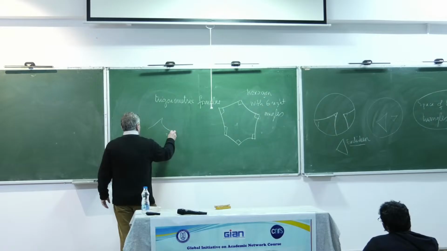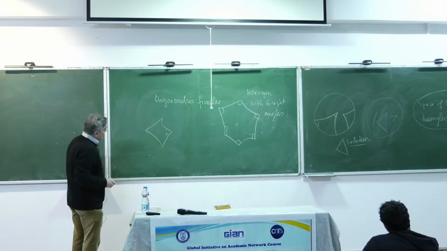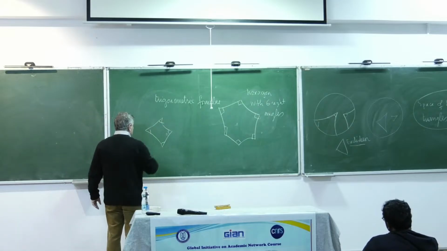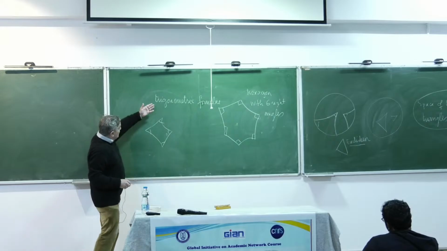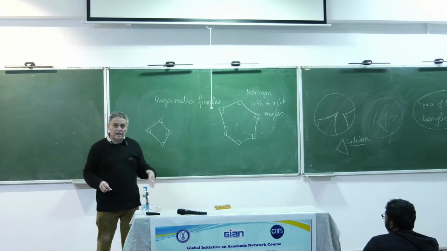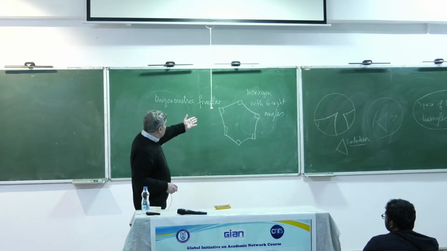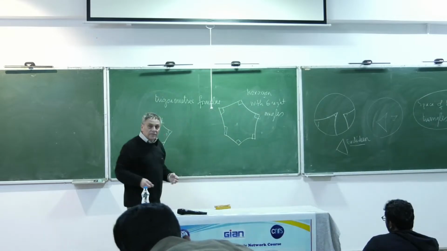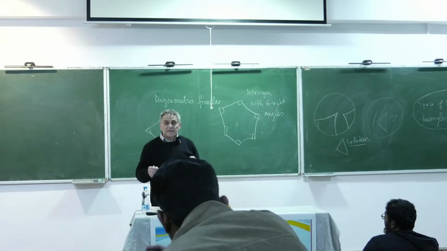So if I have any figure in the hyperbolic plane, you have angles and sides, and a trigonometric formula will give you relations between angles and sides, right? Like in triangles. But here, the hexagon has only right angles, so the trigonometric formula will give you relations between the six sides.